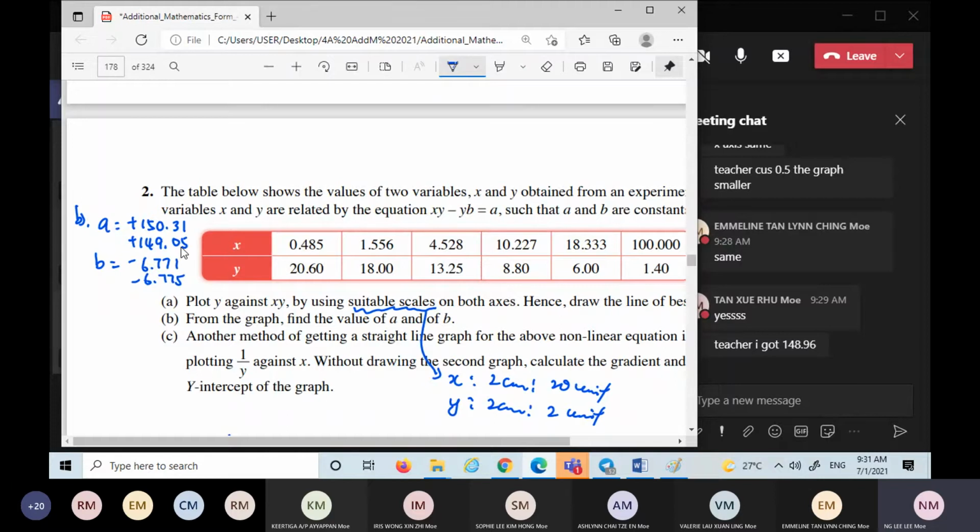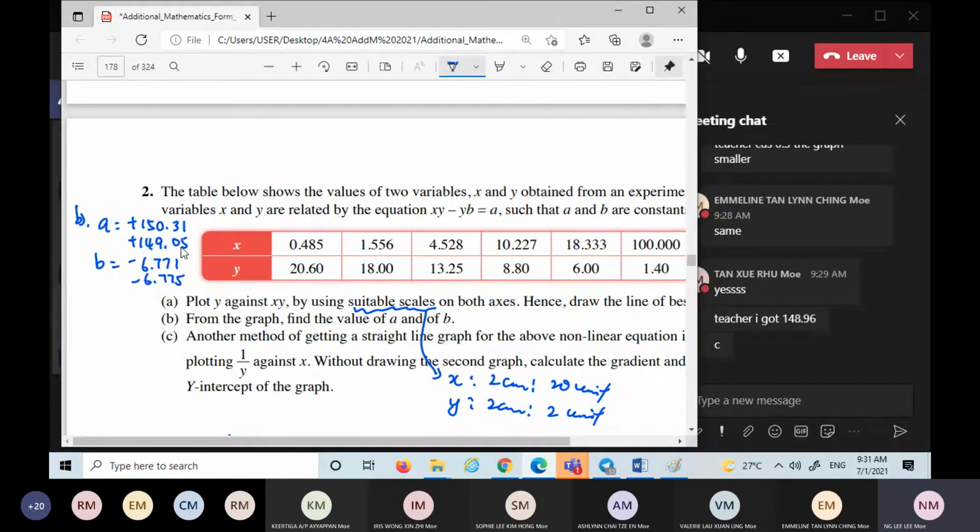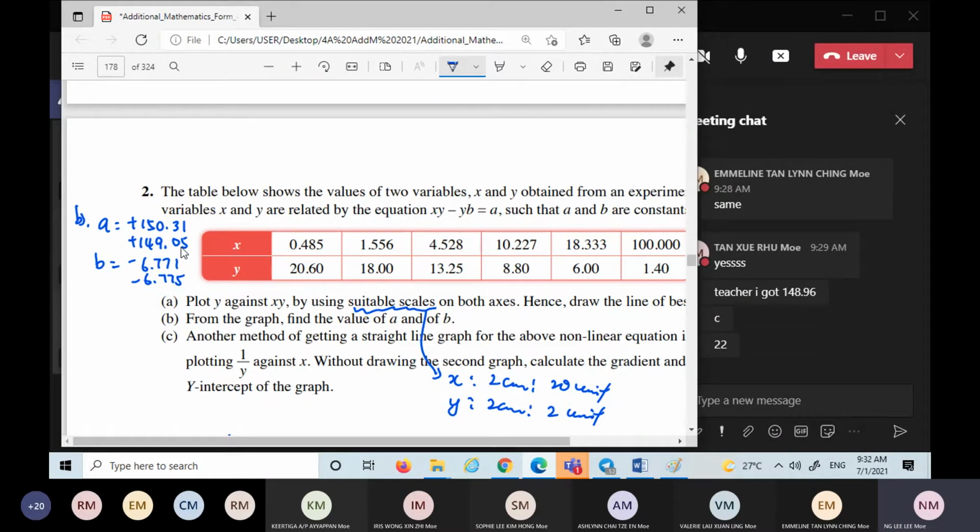Okay, your A comes from where? Comes from the gradient or comes from the C? I think it comes from the gradient. Comes from the C. Okay, so what is your C? C is 22, correct?